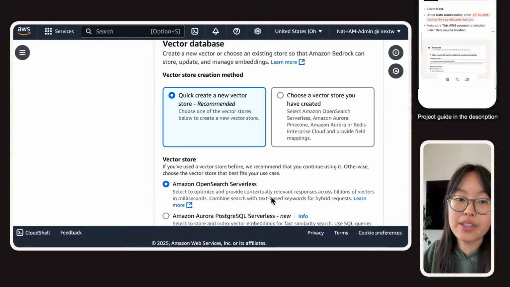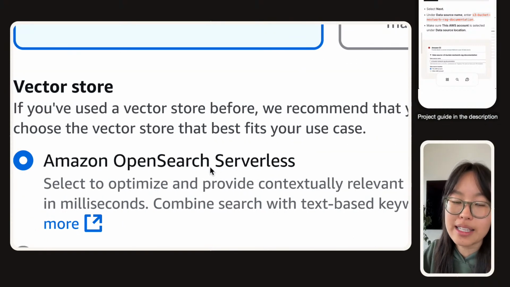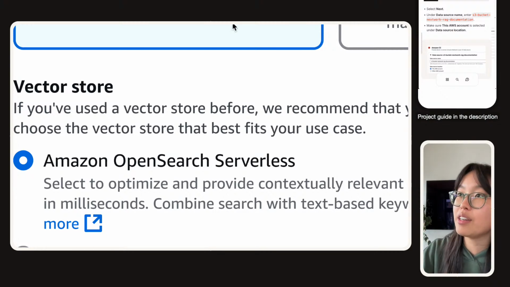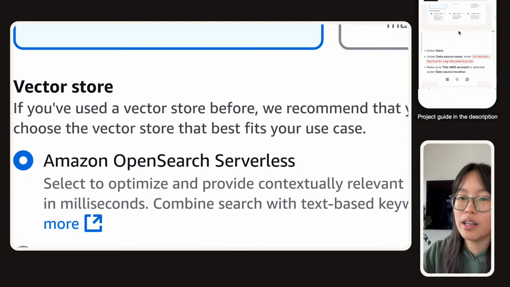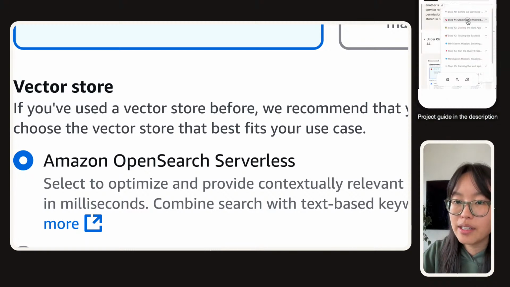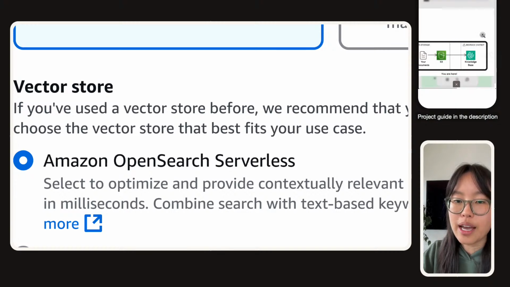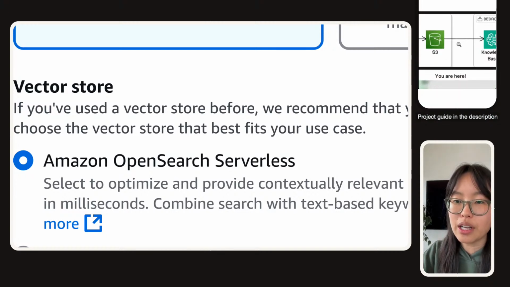So another service called OpenSearch Serverless is going to become the database that stores all of the information once your knowledge base has processed it. Remember how we had an arrow from the S3 bucket to our knowledge base in our diagram? We had this cool little diagram at the start that shows that our S3 bucket is pointing to the knowledge base, right?